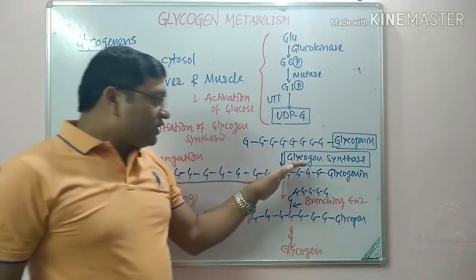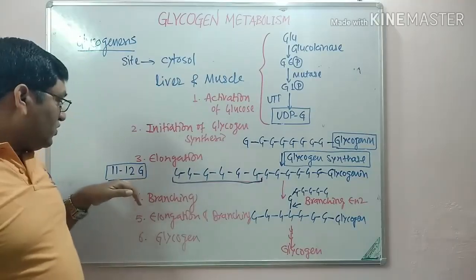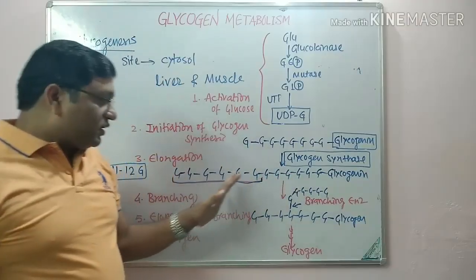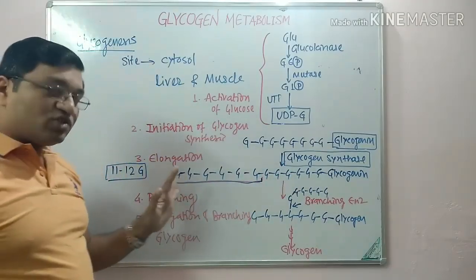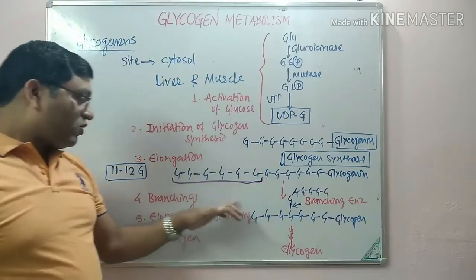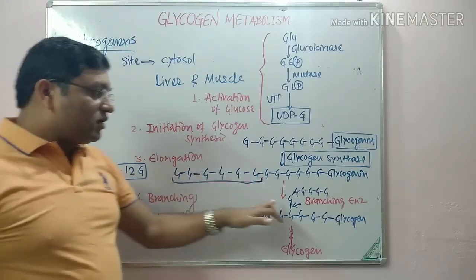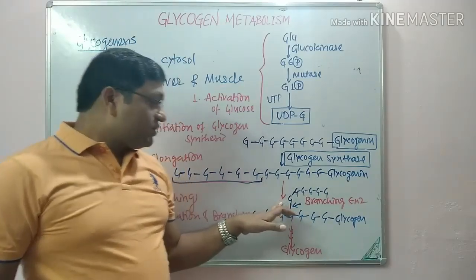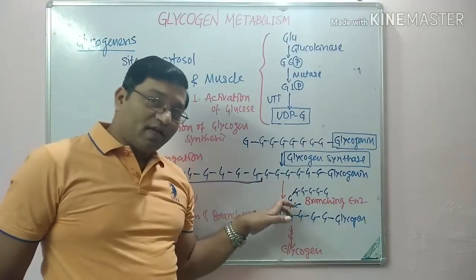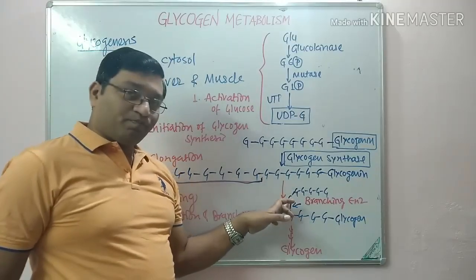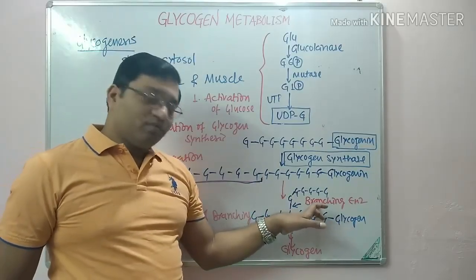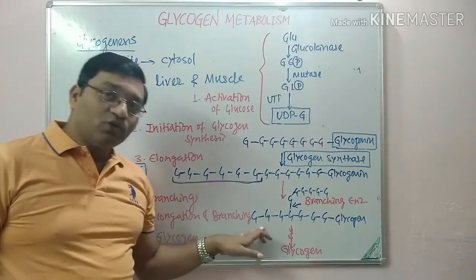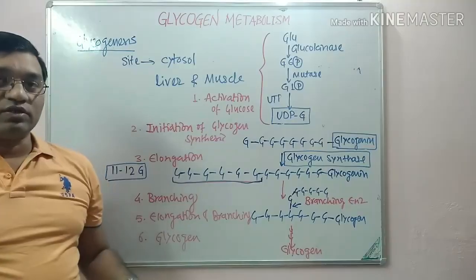Then after the elongation of 11 to 12 glucose residues to the glycogenin, there is transfer of 6 to 8 glucose molecules from this linear molecule to the branching point. There is creation of a branching point, meaning creation of alpha 1,6 glycosidic linkage by the branching enzyme. Then this process of elongation and branching continues till the formation of glycogen.